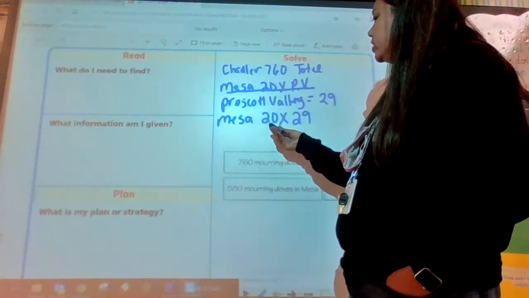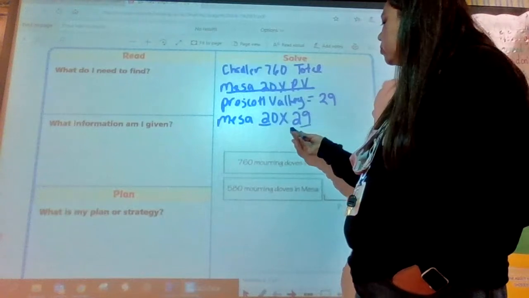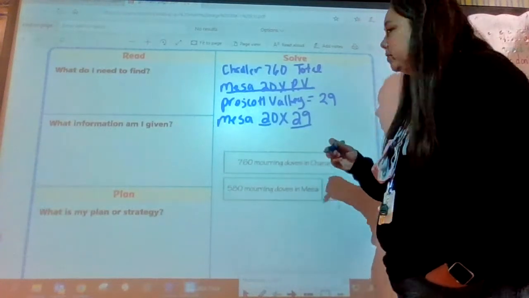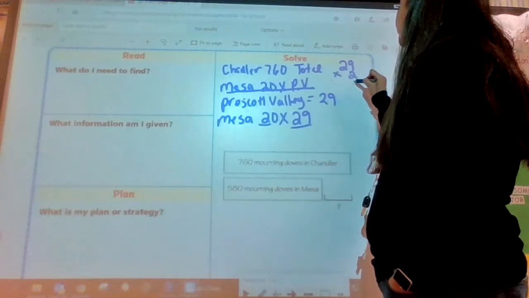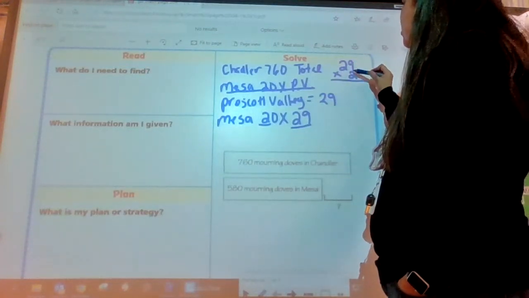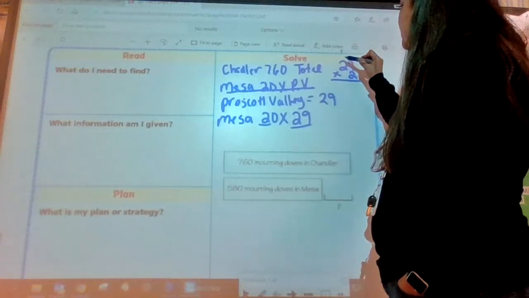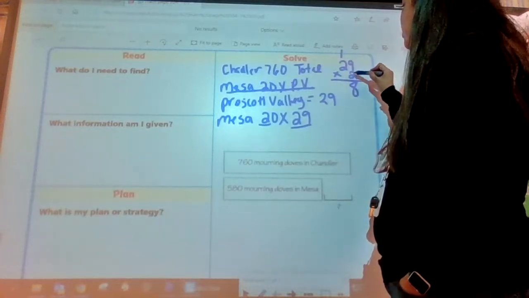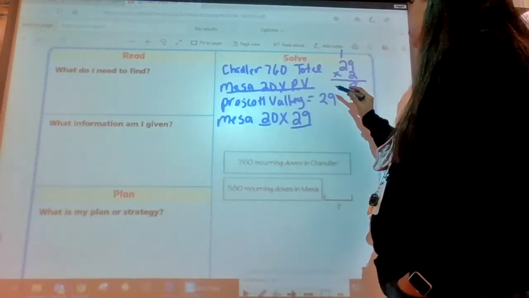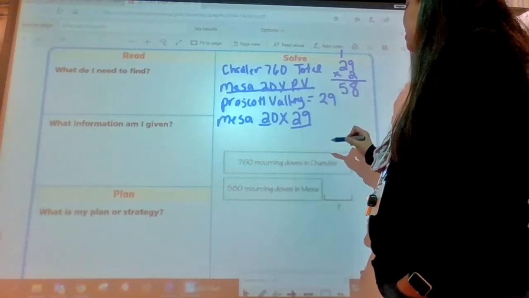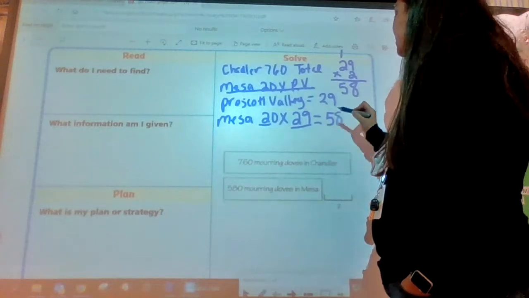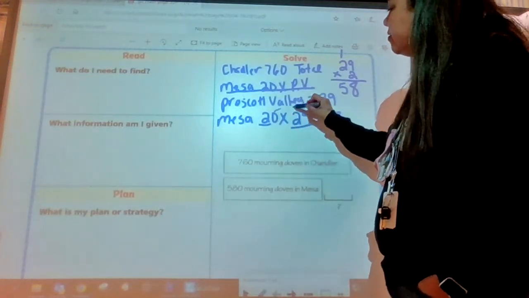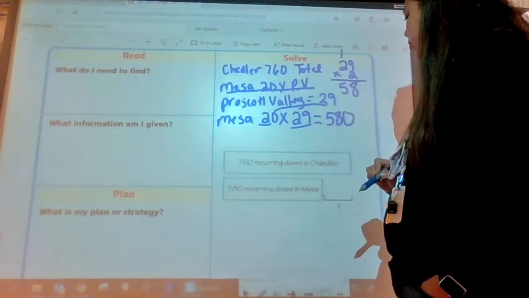So I could actually take 2 times 29, which is a smaller problem. So I'm going to take 29 times 2. 2 times 9 is 18. 2 times 2 is 4, plus 1 is 5. And I know when I multiply these two, I get 58. But I have that 0, so I bring that 0 over.